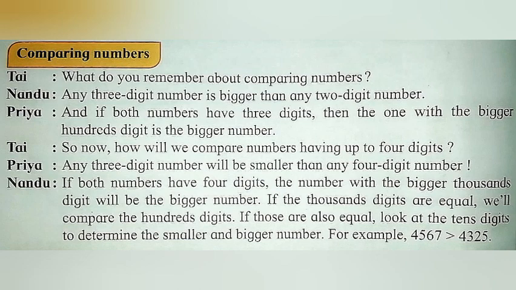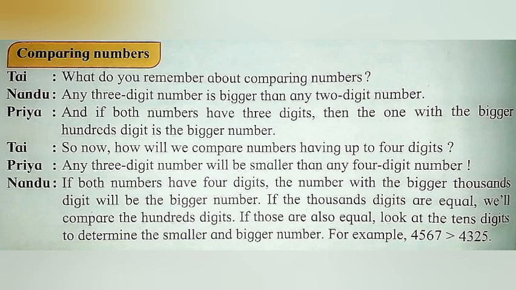Priya, and if both numbers have three digits, the one with the bigger hundreds digit is the bigger number. Tai, so now how will we compare numbers having up to 4 digits? Priya, any three-digit number will be smaller than any four-digit number.